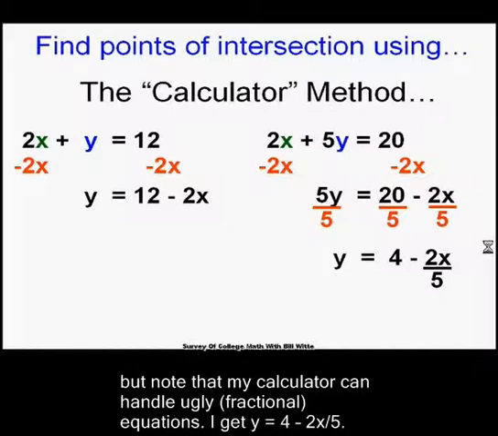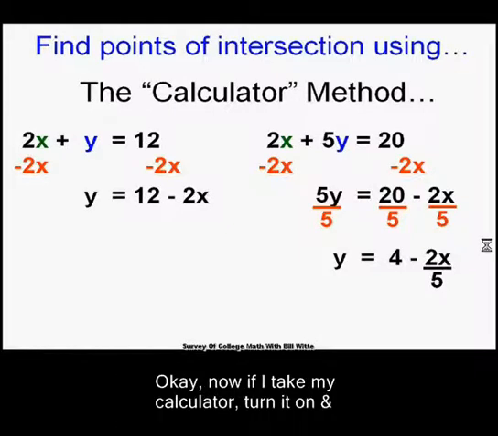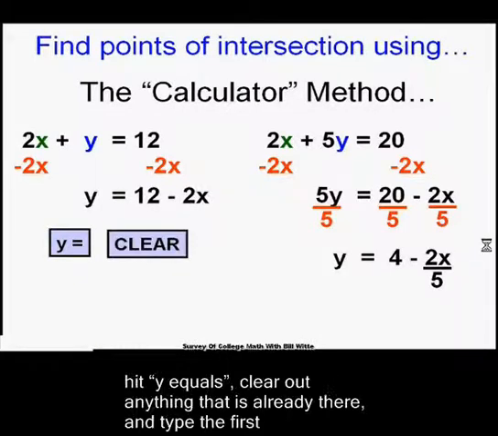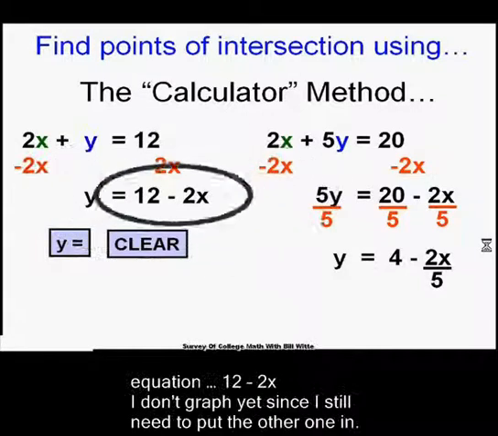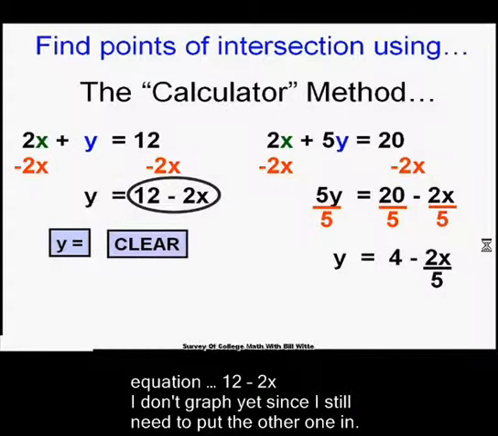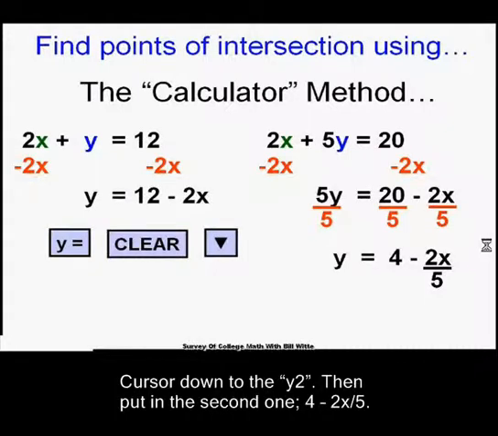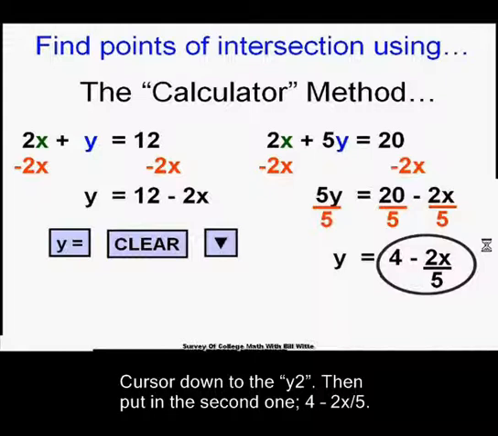Now, if I take my calculator, turn it on, I hit y equals, clear out anything that's there, and type the first equation, 12 minus 2x. Don't graph yet, because we still have to put the other one in. Cursor down to the y2, and put in the second one. y2 equals 4 minus 2x divided by 5.